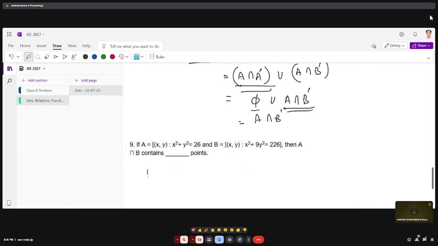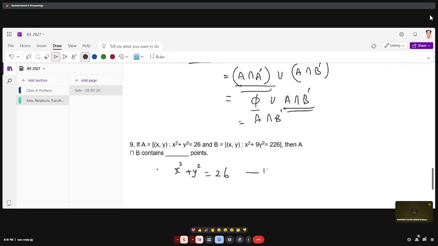Now, what we have to do is, what are the values of x comma y that will satisfy both these conditions? We saw in an earlier problem also, right? Here, when x is equal to 1 and y equal to 5, then x square plus y square equal to 26 is satisfied.